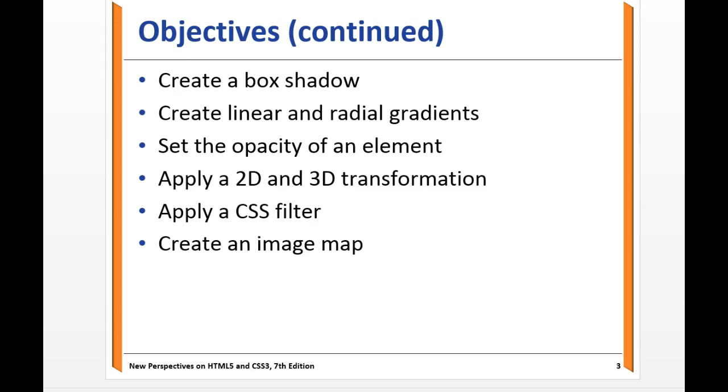Also, we will focus on creating a box shadow. We will also talk about linear and radial gradients, and how to apply 2D and 3D transformations. We will also apply a CSS filter, and at the end we will be able to create an image map.